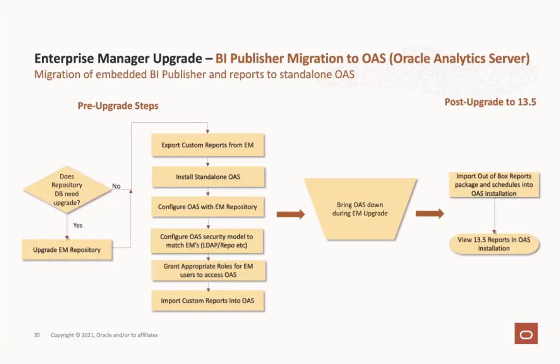So all of the out-of-box reports that we still continue to support with EM will now be imported into your OAS, and then you can go ahead and view your 13.5 reports from your standalone, independent OAS installation. So this is the recommended flow, especially if you use custom reports. You would like to keep this so that everything stays smooth.